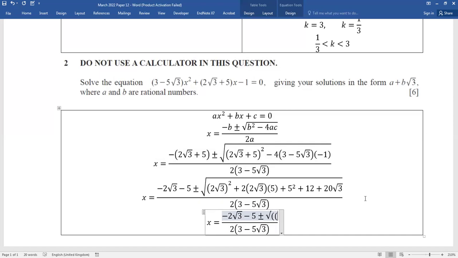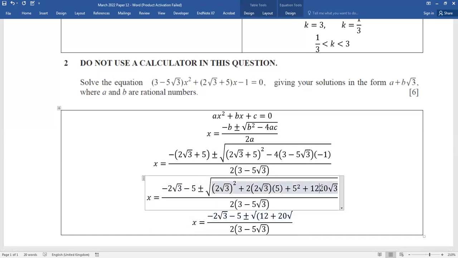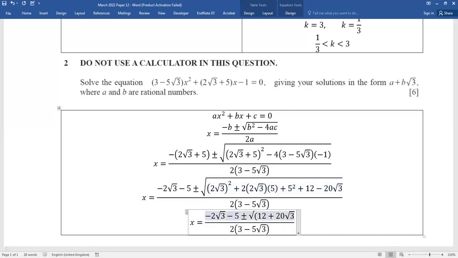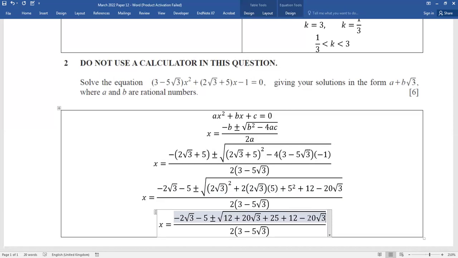This is 2 squared, 4, 4 3s are 12, plus 10, 20 root 3, minus 20 root 3, plus 4 over 20 root 3 plus 25 plus 12 minus 20 root 3.